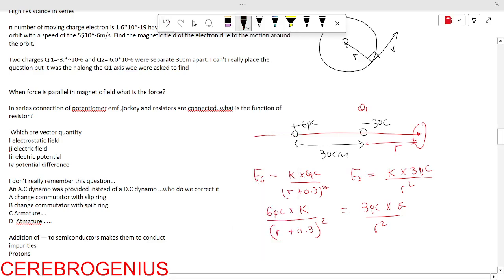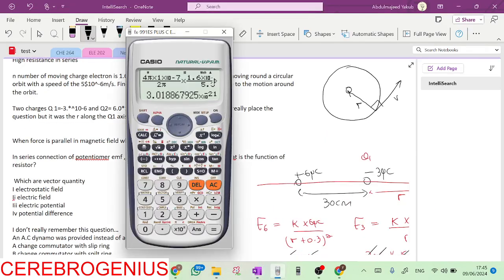Now, some cancellations will occur. K cancels out, micro cancels out, 3 goes twice. So we have 2R squared equal to (R plus 0.3) squared. I'll just use my calculator to solve this. 2R squared equal to (R plus 0.3) squared.